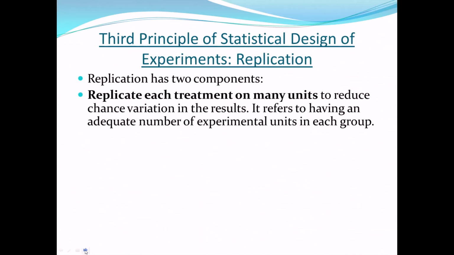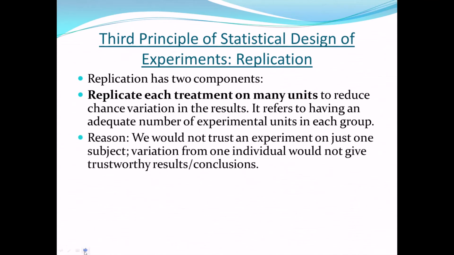If you have 10 more people in that group, then you may average out all of that craziness, but the smaller the group size, the more impact anything that's odd is going to have in your results. So you need to have an adequate number of experimental units in each group to fight that issue. Think about it this way: would you really trust an experiment on just one subject? That just raises your chances of having that subject bring a whole lot of stuff into your experiment that will not be averaged out by having other subjects.